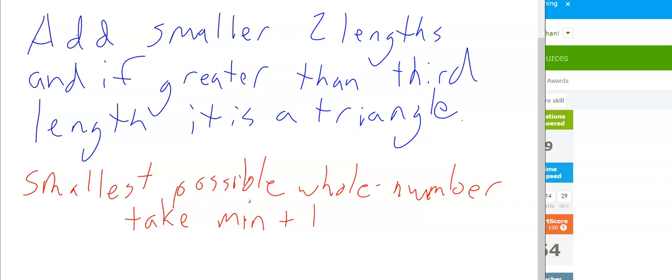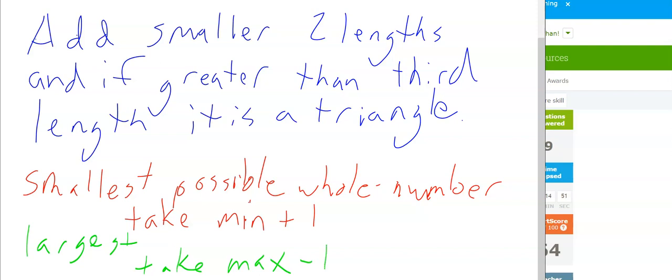Take our minimum that we can find, like we found in the Desmos activity when we just subtracted the two numbers, and add 1. If we want the largest possible whole number, take the max and subtract 1.